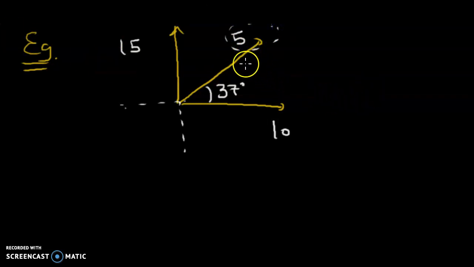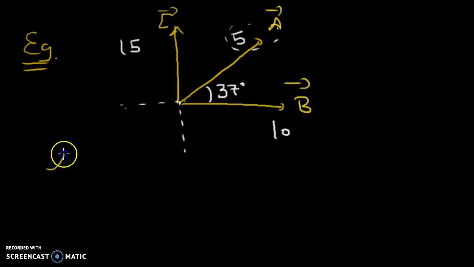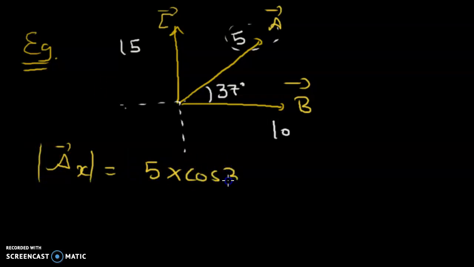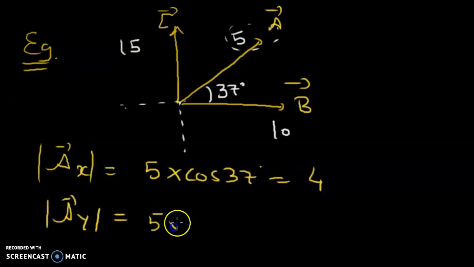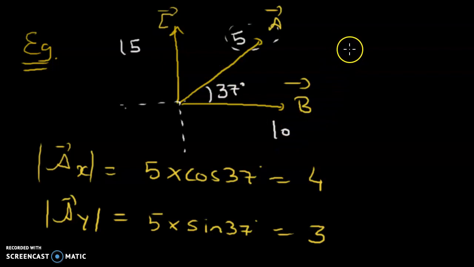Call them a, b and c. Then ax is 5 cos 37, that is 4 by 5 of 5, which is 4, and ay is 5 sin 37, 3 over 5 of 5, which is 3.